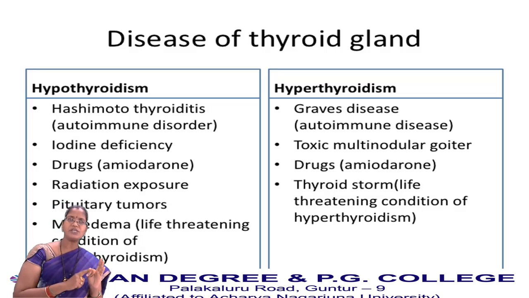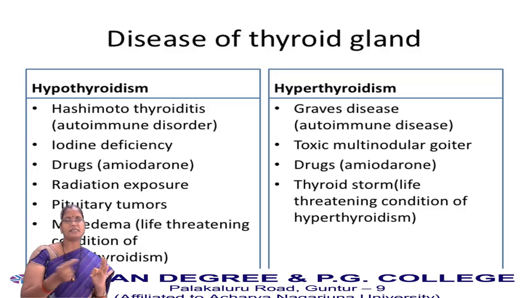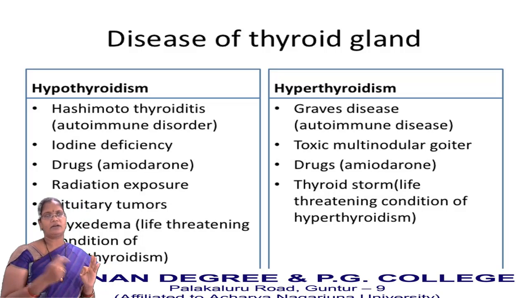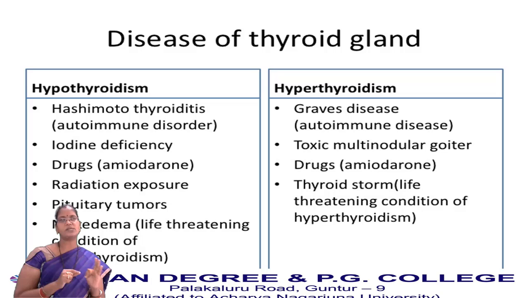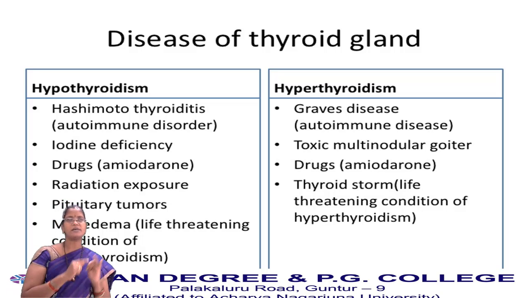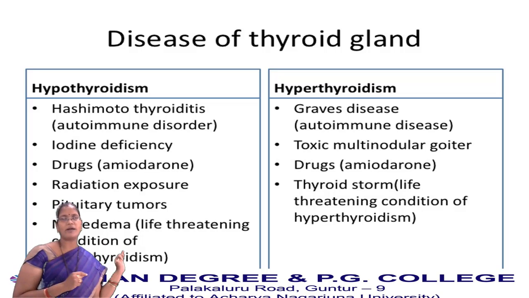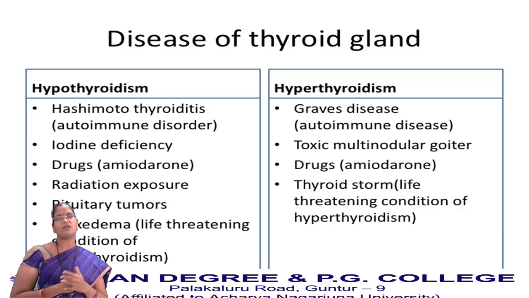Next, iodine deficiency may also lead to hypothyroidism, and during some disease treatment, drug use may cause hypothyroidism. It may also arise due to radiation exposure, pituitary tumors, and myxedema, a life-threatening condition. All these conditions come under hypothyroidism.